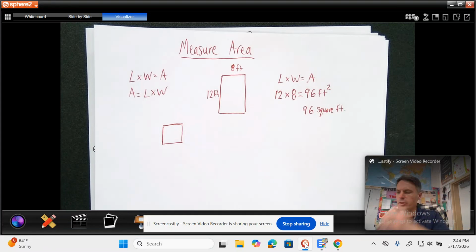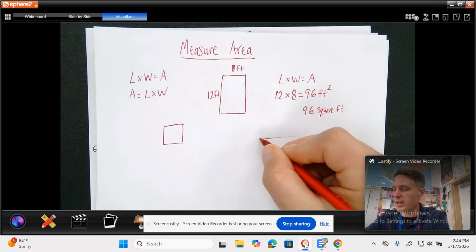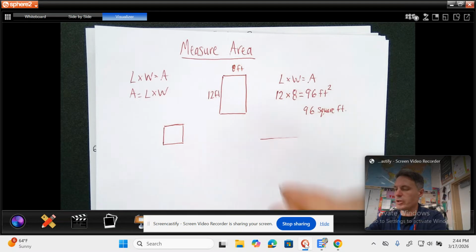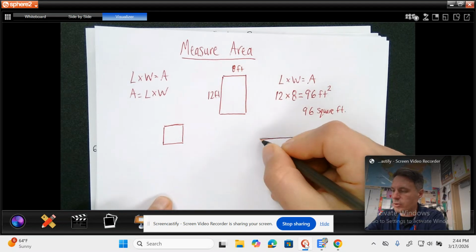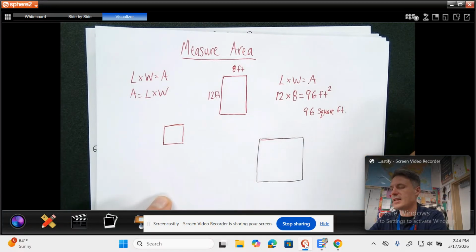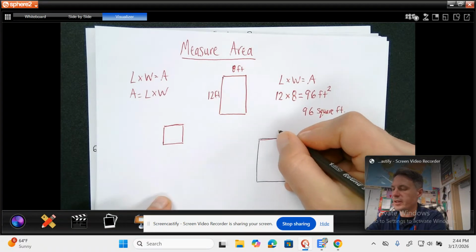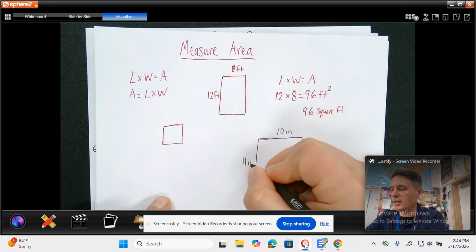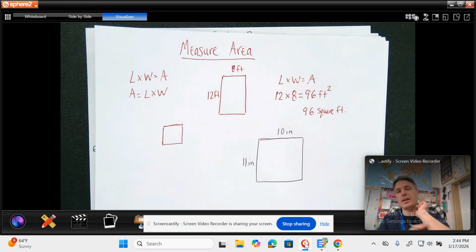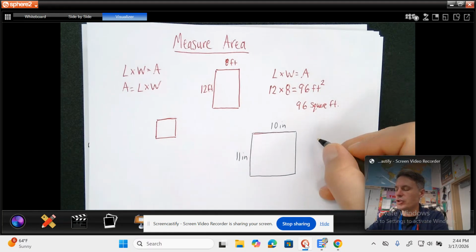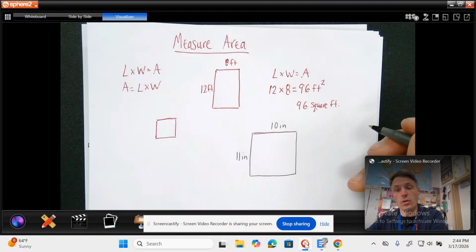Okay, let's jump into another example here. Let's say we have this rectangle here. This pen's running out of ink, so I'm going to trade pens, switch colors here. Let's say we have this rectangle right here, and let's say this rectangle is 10 inches long and 11 inches wide. So all we have to do to find the area is just plug the numbers into the formula.